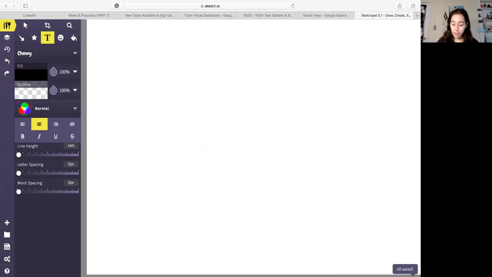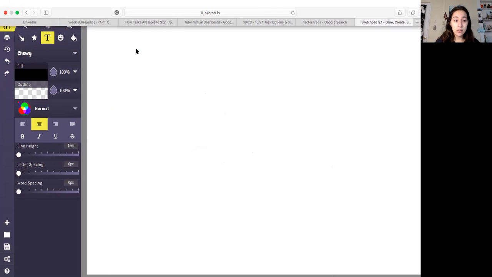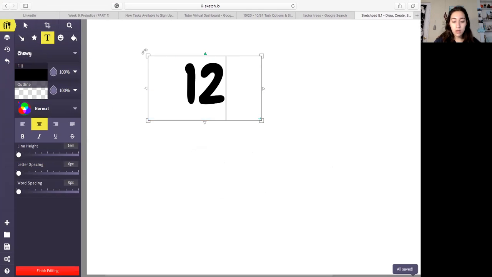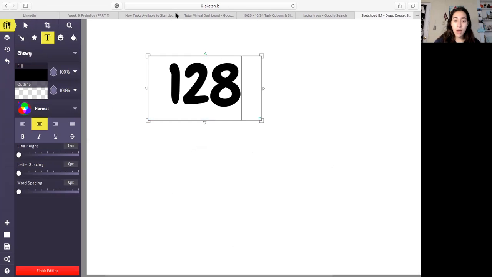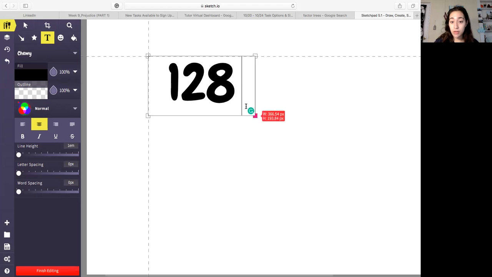Let's do a bigger number. I think that we can do 128. So 8 times 16 is equal to 128.